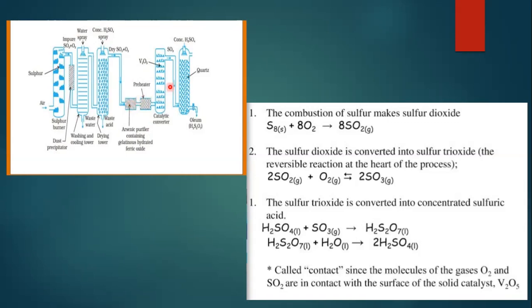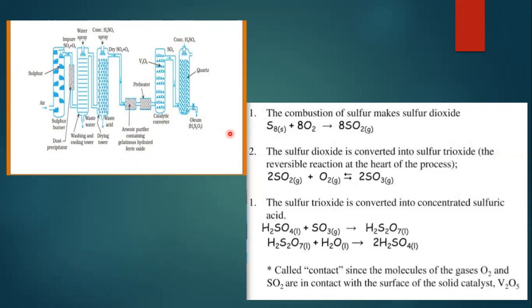Then it is moving to the main chamber where the catalyst vanadium pentoxide is present, where sulfur dioxide is converted into SO3, and when the SO3 moves to the chamber where the spray of sulfuric acid is done, it is converted into oleum.